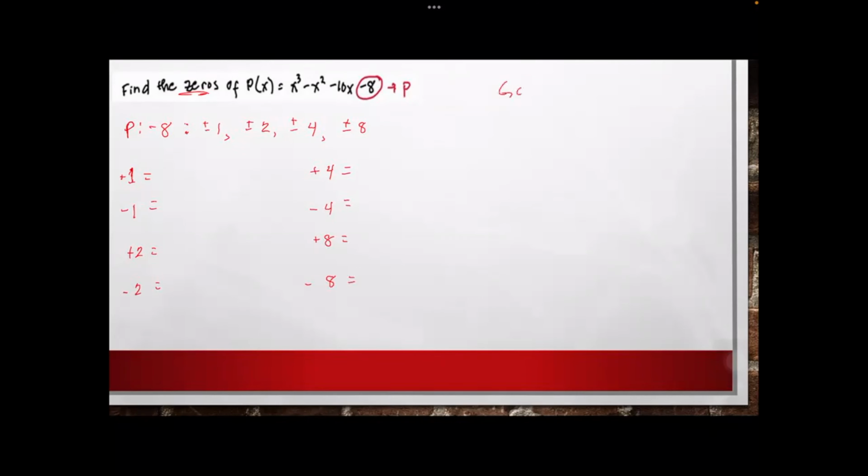Now, our goal in this problem, since we have x cubed, is to get 3 zeros from our 1 to 8.